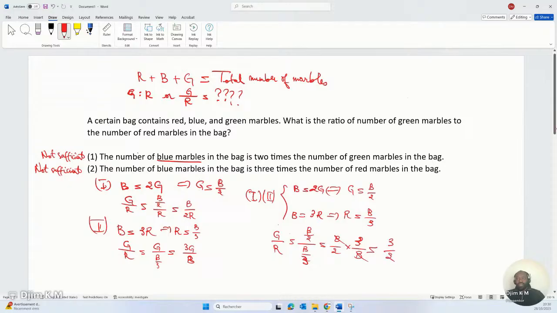So when we combine condition 1 and 2, we can get the ratio of the number of green marbles to the number of red marbles in the bag. This is sufficient. The combination of condition 1 and 2 is sufficient.